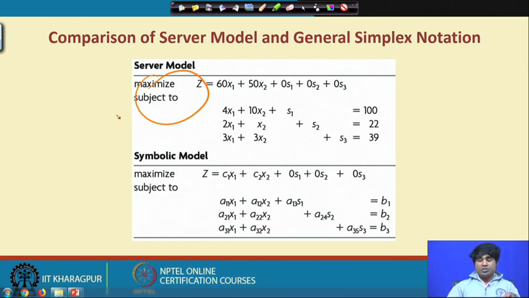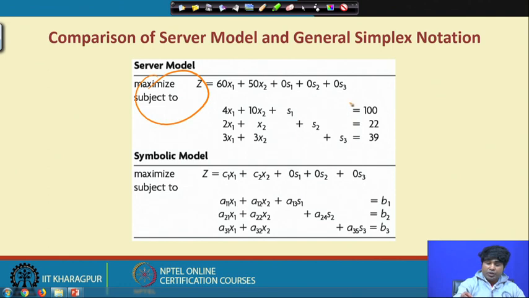When a constraint is less than type, the variable we use to transfer it to equality is called a slack variable, and when a constraint is greater than type, we introduce a variable called a surplus variable. That means, when a constraint is less than type, we introduce a slack variable to make it an equality, and when a constraint is greater than type, we use a surplus variable to make the inequality constraint into an equality constraint.